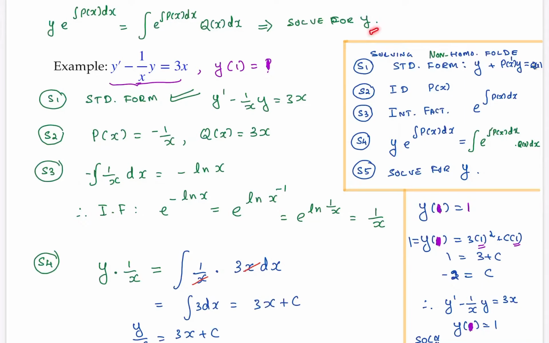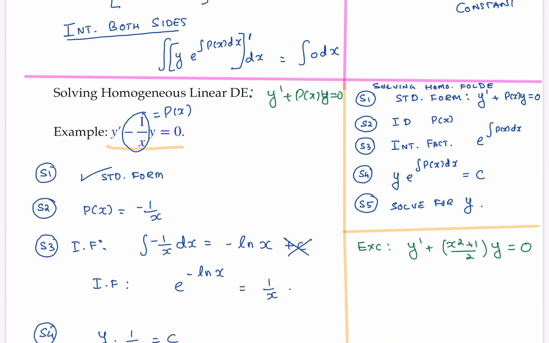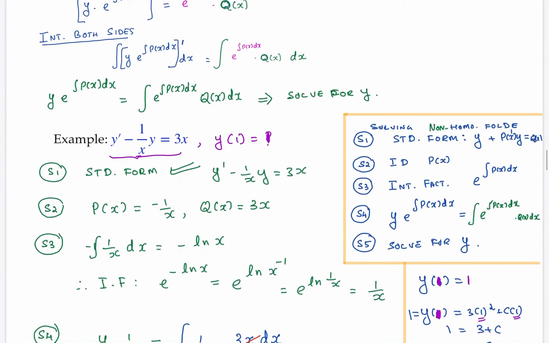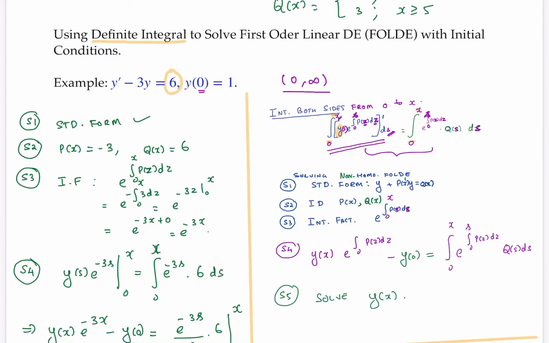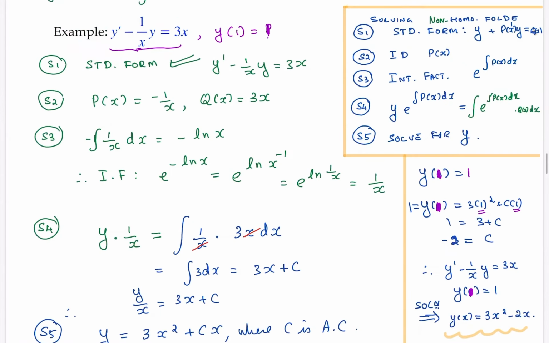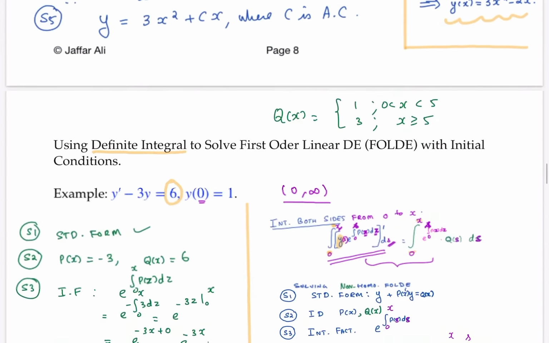And by the way, I think I had a 0 before. Let me change it to q of x. That is supposed to be q of x, and this should be q of x as well. I think I had a 0 there. Anyway, we're going to use that same exact method here.